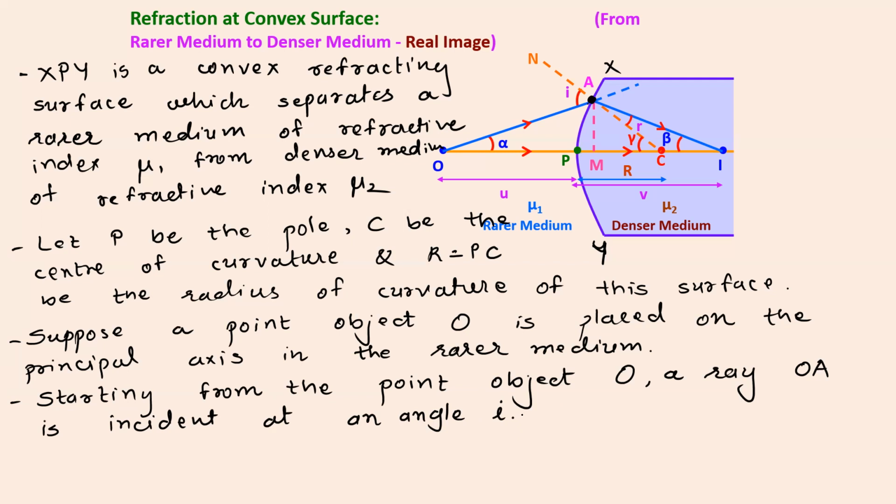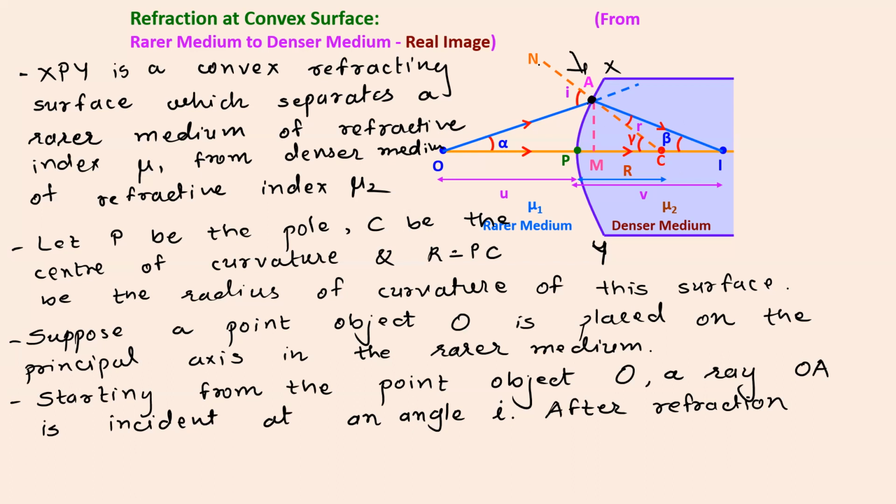And what happens at point A? So refraction occurs, and after refraction at point A, it is going to bend because it is going from rarer to denser medium. So the ray bends towards the normal. What is the normal? AC.